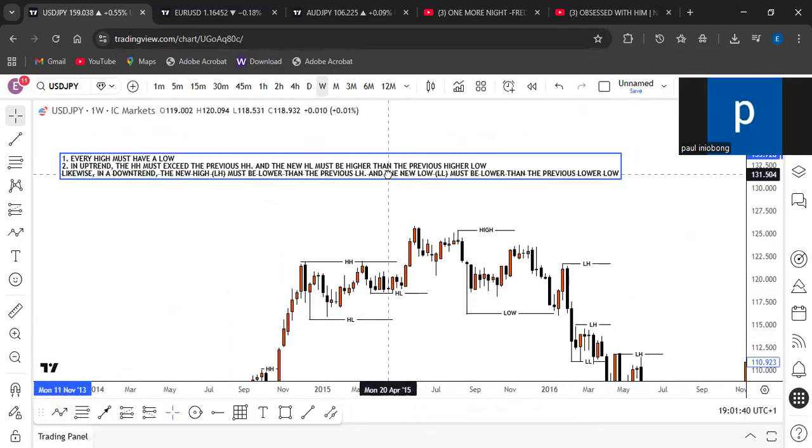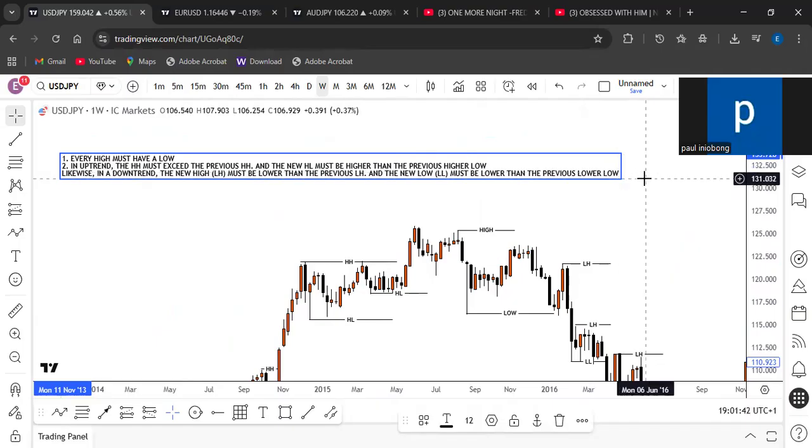Now, number 3: let's say for example, in an uptrend, when a new low goes lower than the previous low, it could signal two things.